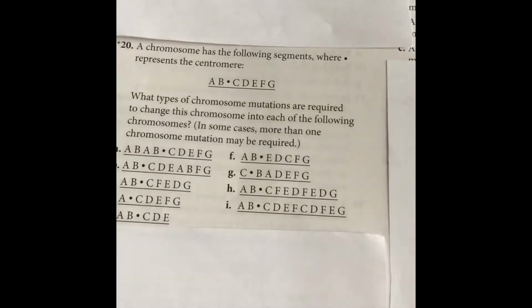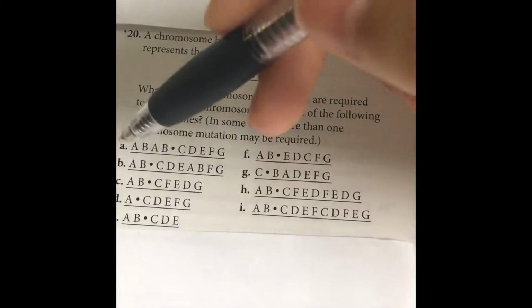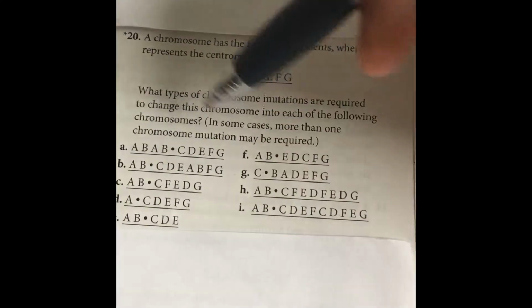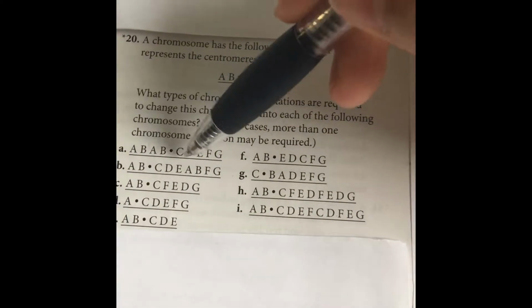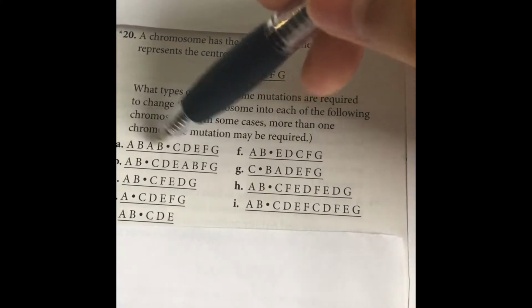If it was a displaced duplication, that would mean a second copy of AB exists, but let's say the AB is here rather than right next to what it was duplicated by. So for A, I wrote down tandem duplication.